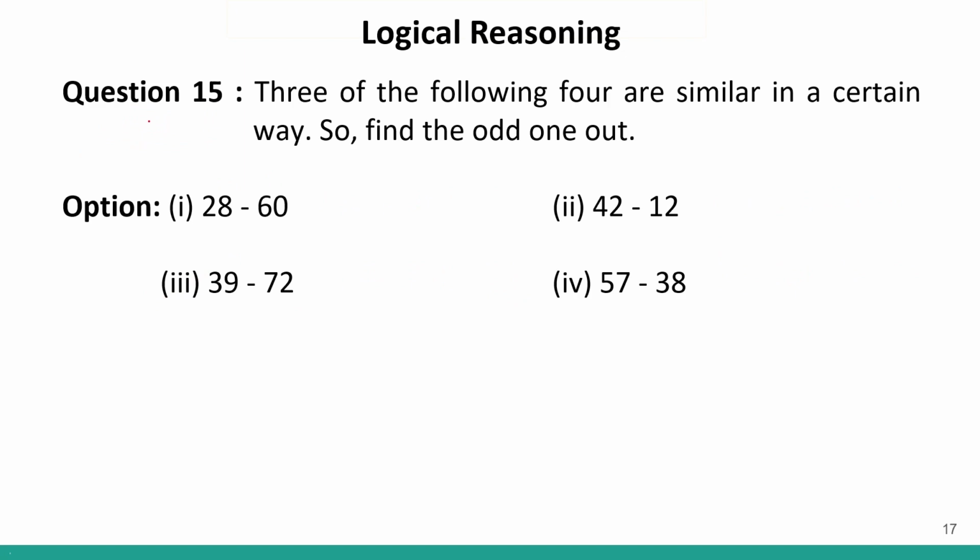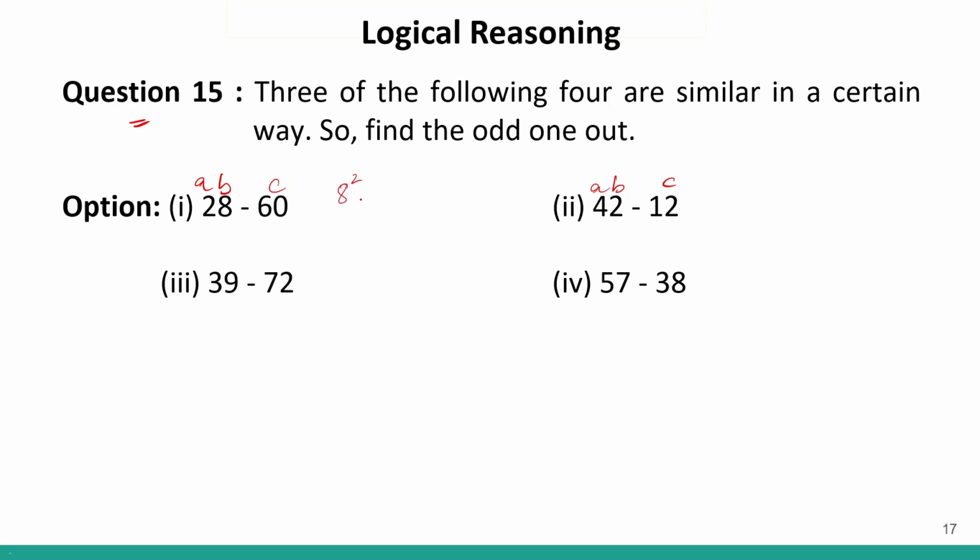Now let us look at question number 15. So again 2 numbers, but they are very close to each other. So let us see. I am looking at these 2 digits. Let me call them A, B, and I am calling this C. Okay, so let me check for option 1.